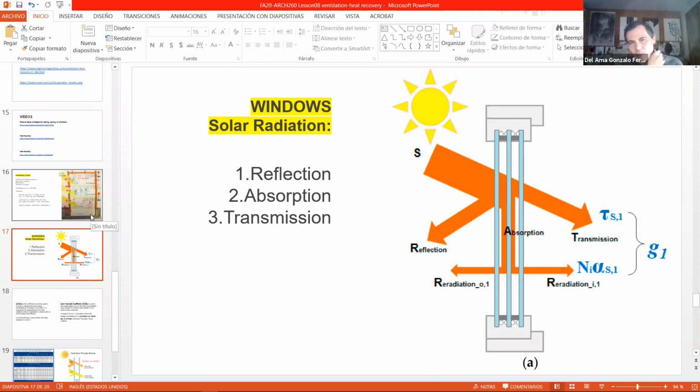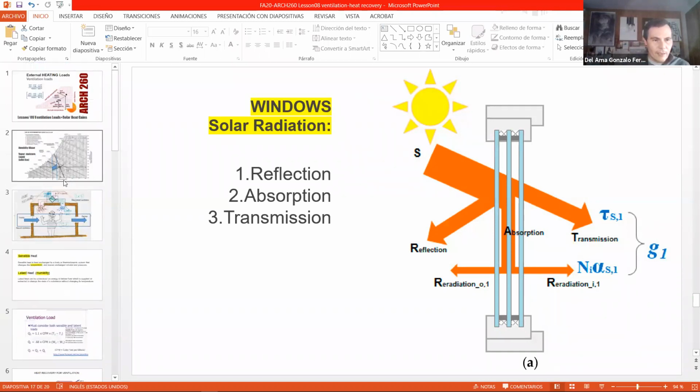the importance of windows. We have seen that windows are important when it comes to analyzing heat losses, because we are losing heat through windows. We don't have, or we can't have, the same amount of thermal insulation that we have in walls, and that affects the U value. So a good U value in a wall is 0.02.